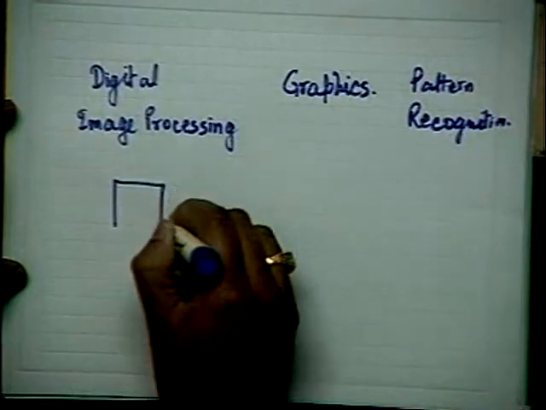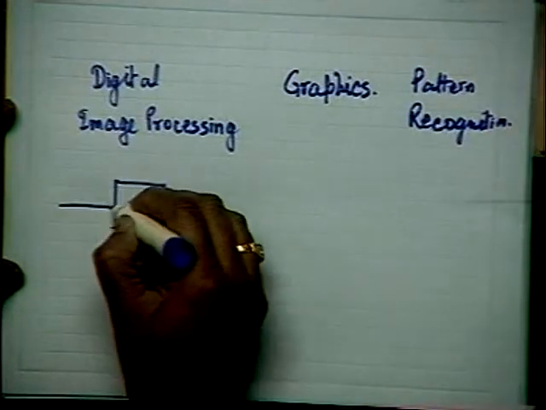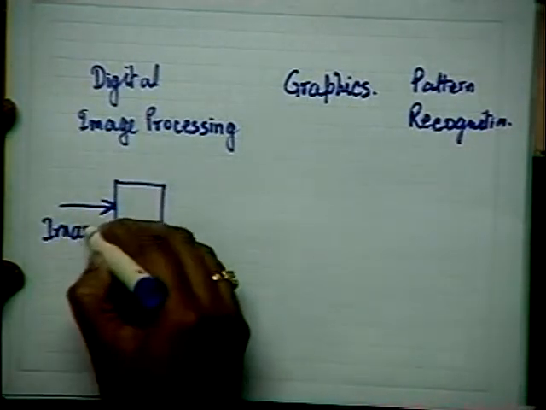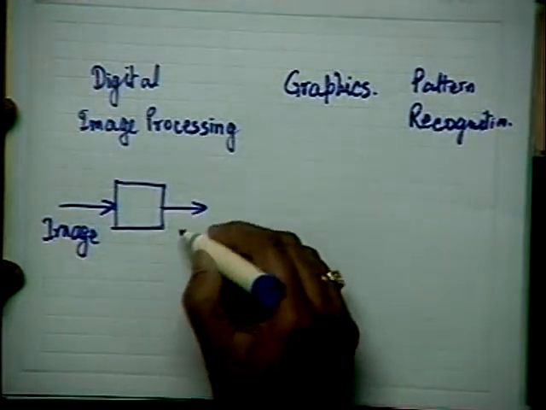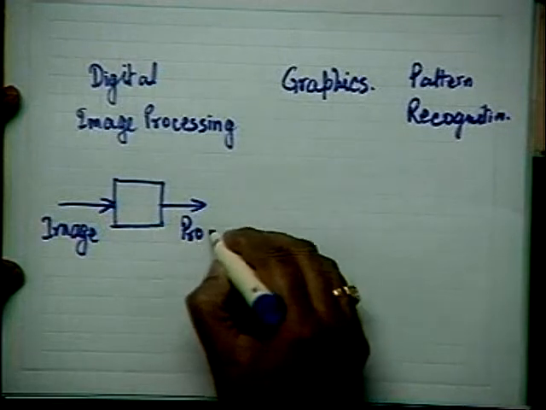We are not interested in the entire image contents or the details of the image, but only in extracting something very meaningful, the features of the image. So the input is an image, some processing is done, and the output is going to be yet another image. In digital image processing, there is a processor which will do the processing. The input is an image and the output is another image which we call the processed image.